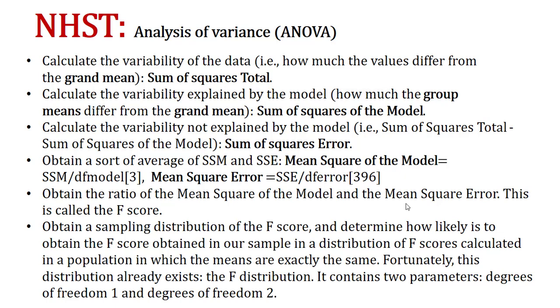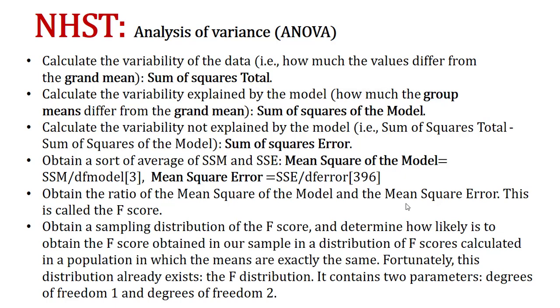Technically, what we do is assign to each participant the mean of their group, subtract the grand mean from that value, square the values, and add all those. That would be the variability of the whole data that is explained by the model.